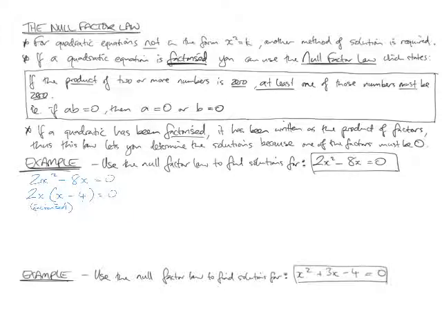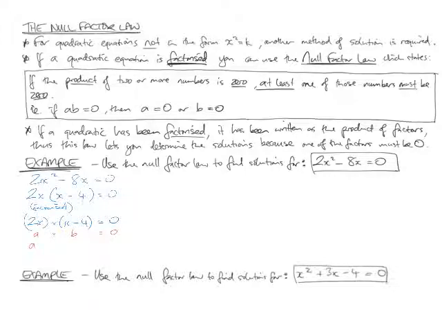So this is two terms that are being multiplied together equals 0. Now we can use the Null Factor Law. If 2x times by x take 4 is equal to 0, you can think of this as being the A term and this as being the B term, this equals 0.